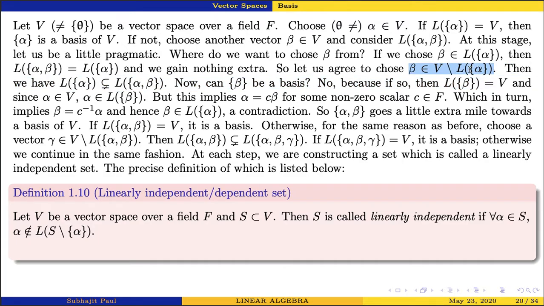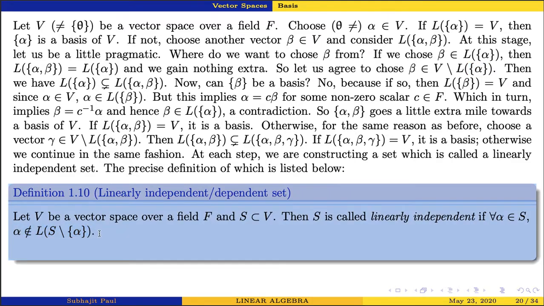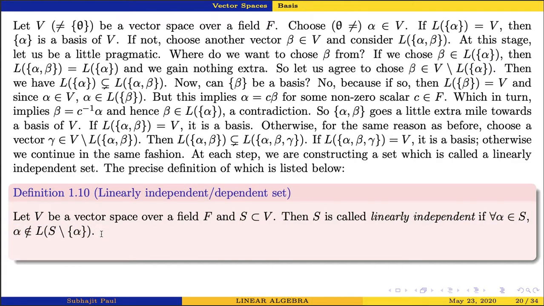So this alpha is basically the set alpha, beta minus the vector beta, and that is exactly what is being said over here. For every vector alpha from S, alpha is not present in the linear span of the set minus the vector concerned.